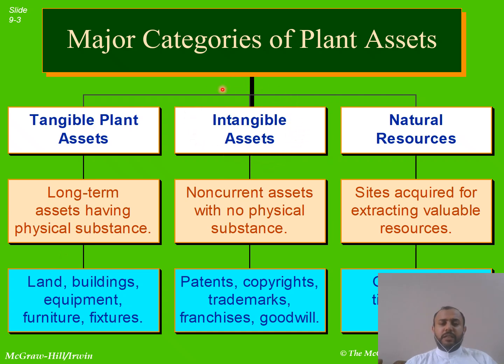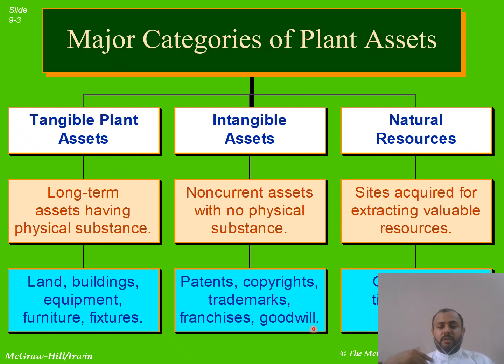Intangible assets don't have any physical existence, for example, patents, copyrights, trademarks, franchise, goodwill. For example, KFC and McDonald's give their franchises to some local vendor or entrepreneur who is running that branch. Similarly, some university or college setup like Punjab College has given franchises to different businessmen. So that is also a kind of intangible asset.